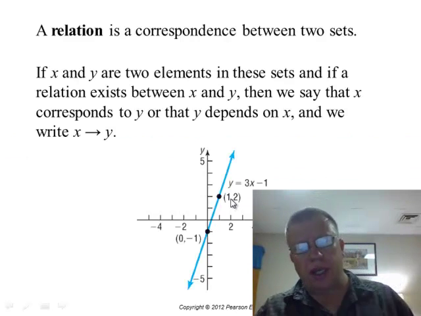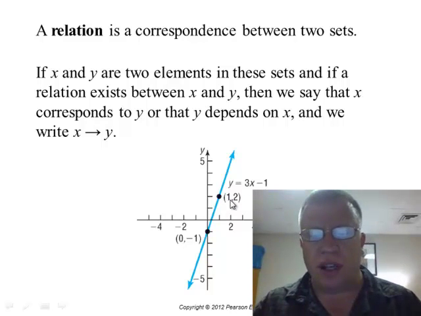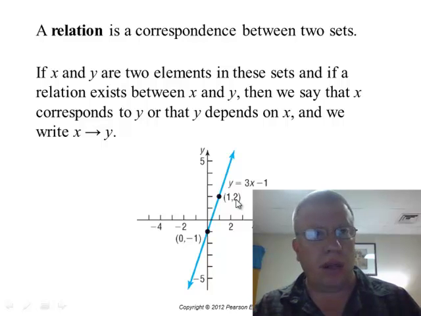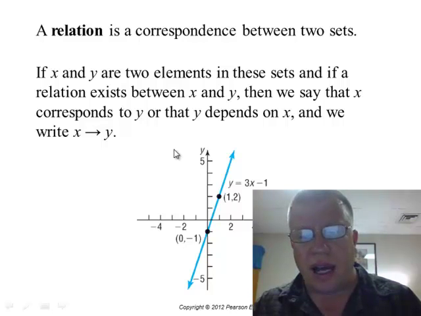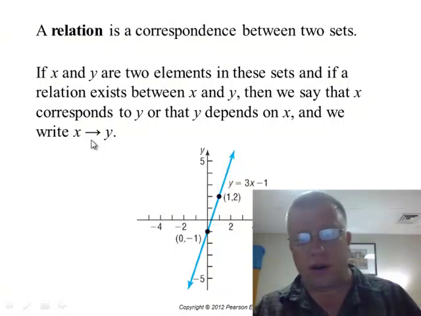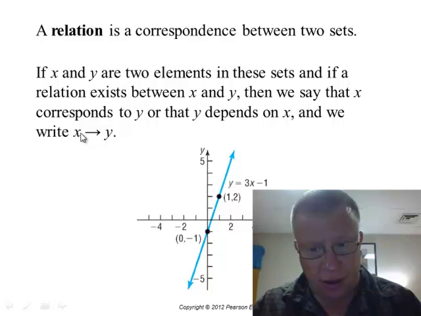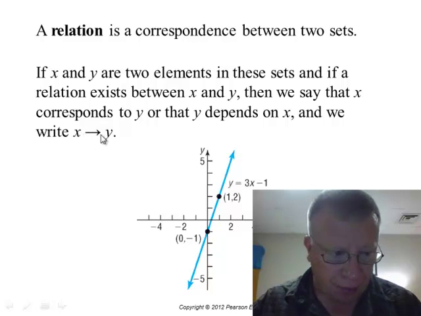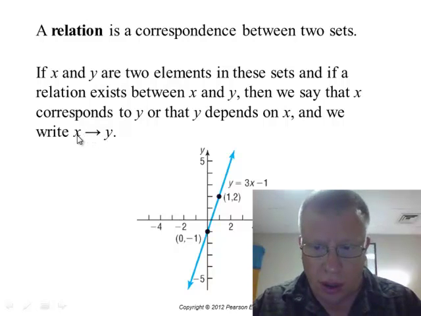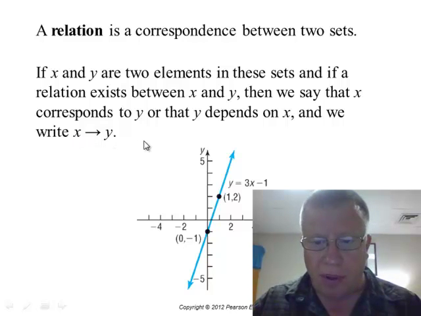All right, so we have already dealt with relations as well. When you see an equation involving two variables, then that really defines a relation between the two variables that says that for all the values of x, for example, in this equation here, if you want to know what y is, you just tell me what x is. And then you do some number crunching and out pops a value for y.